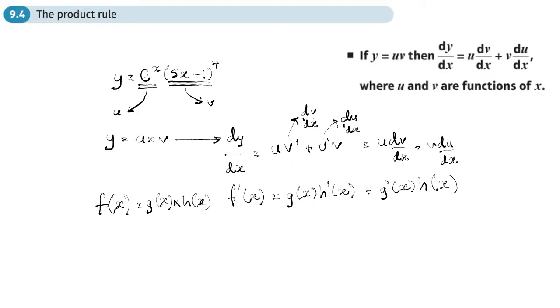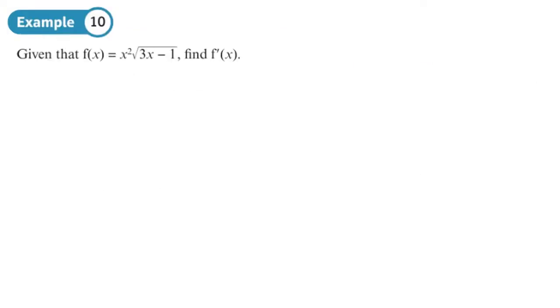So really what you want to be able to do is identify which part is the u part, which part is the v part, and then both bits get differentiated, multiplied and added together. So let's have a look. Here we have a product because you can't simplify this any further. So I'm going to call this part here u.